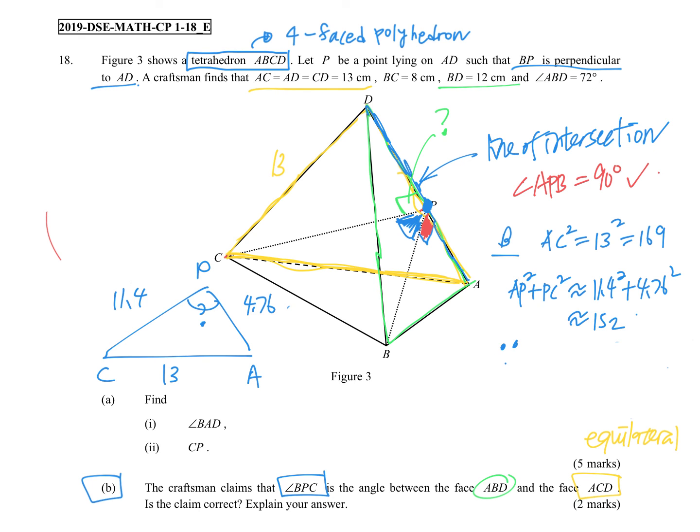Since AC squared is not equal to AP squared plus PC squared, angle APC is not 90.